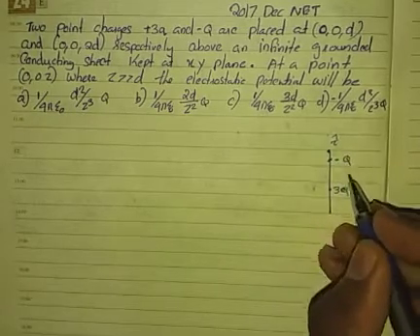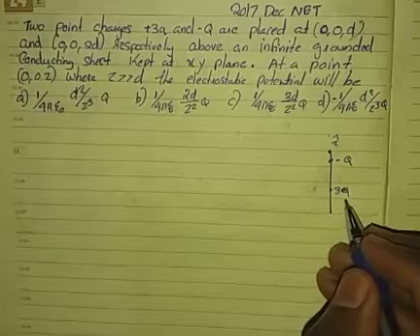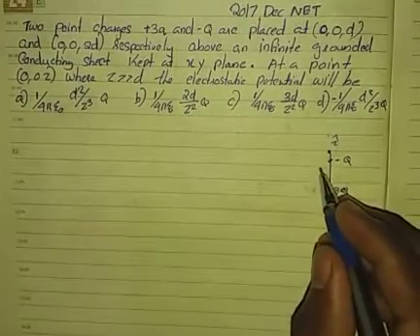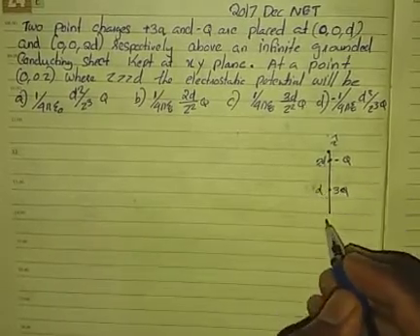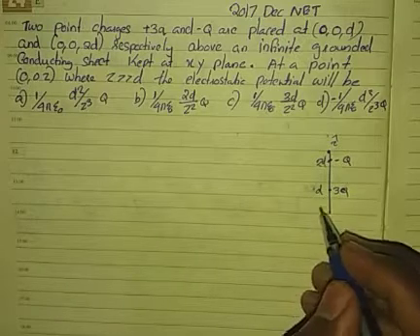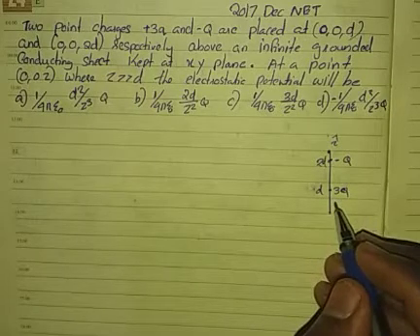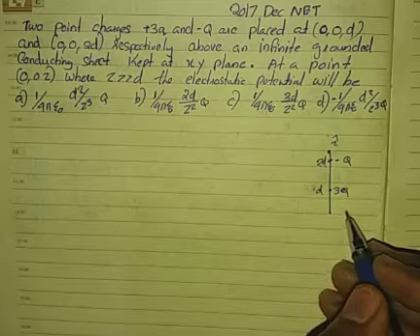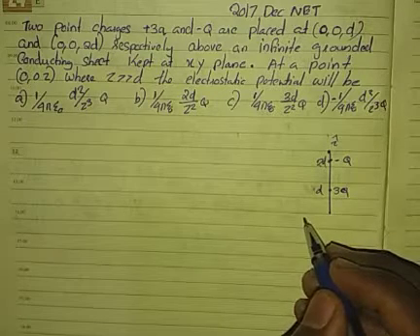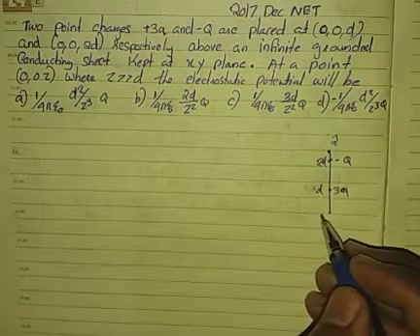So minus Q is at 0, 0, 2D, and this distance is 2D and this is D, and there is an infinitely long grounded conducting sheet at the xy plane, which is at the origin at the moment.